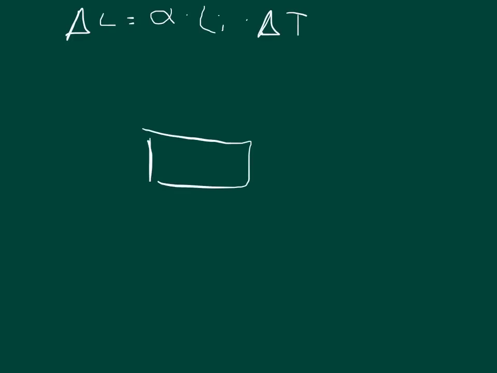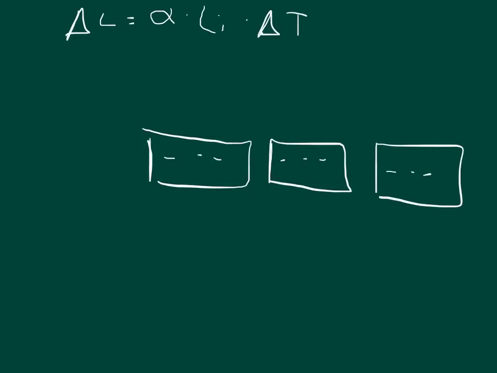And so imagine that this is our roadway, and we're putting extra wide gaps in there just for effect, but there's going to be several of these. Let's say that when this piece right here expands, it's going to expand a little bit that way and a little bit that way. And then this one, when it expands, it'll do the same thing.